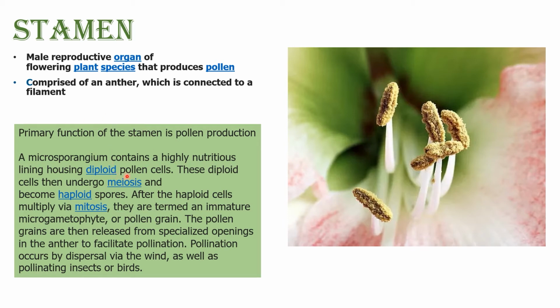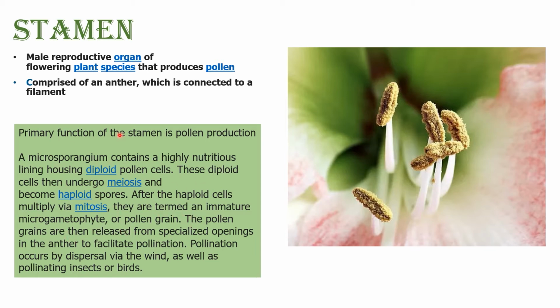Microsporangium consists of a highly nutritious lining housing diploid pollen cells, and these cells undergo meiosis. The diploid pollen cells in the pollen grain will undergo meiosis and produce 4 haploid cells. These 4 haploid cells will undergo mitosis, which produces 8 cells, and they are termed an immature microgametophyte or pollen grain.